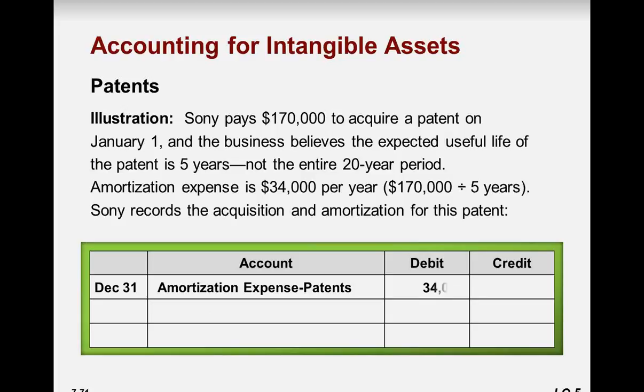Copyrights extend for 70 years after the creator's life. Their useful life is actually usually pretty short, but they are protected. Trademarks, you probably all know what trademarks are, but they can include advertising slogans. They can be set by contract.